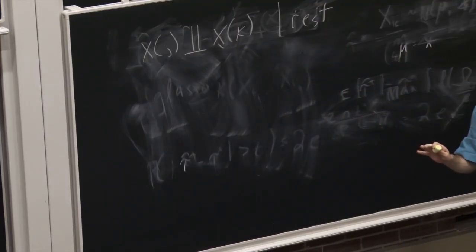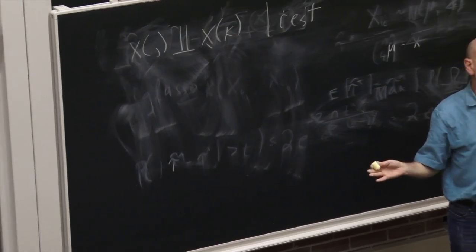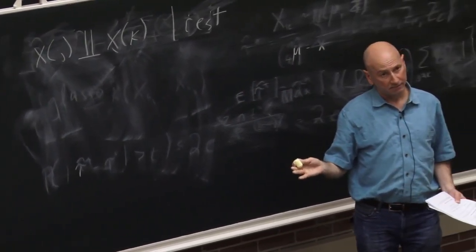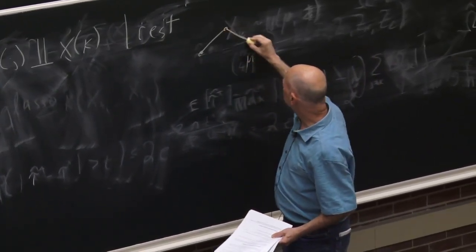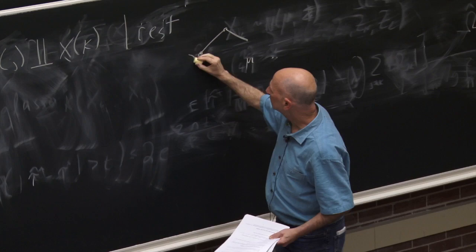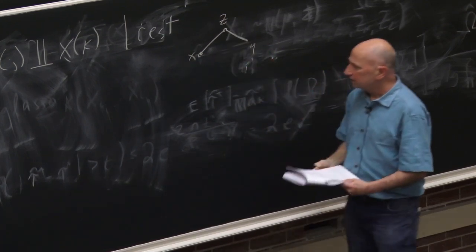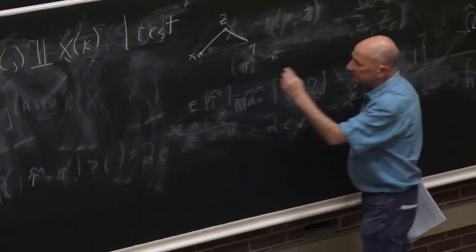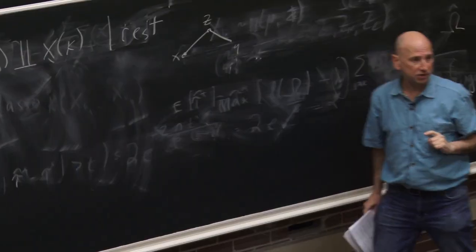If they're independent, conditional on the rest of the variables, we don't connect them. And if they're otherwise, we connect them. So the graph might look like this. This is the graph that says conditional on z, x and y are independent because there's no edge.